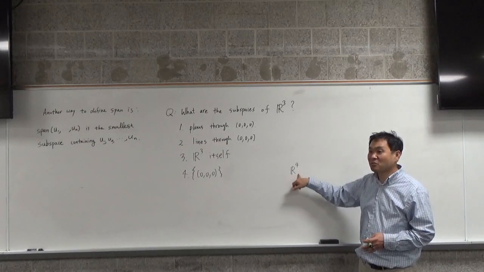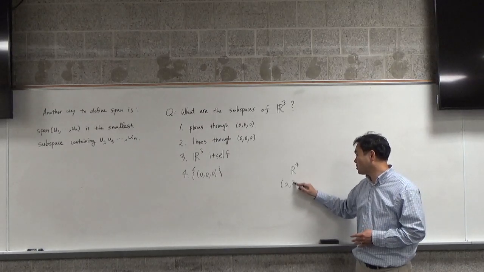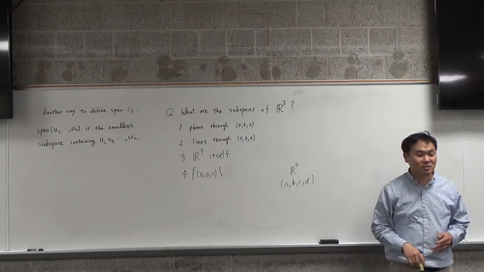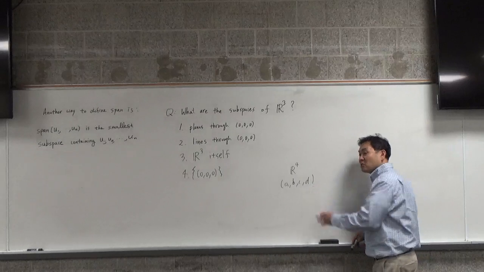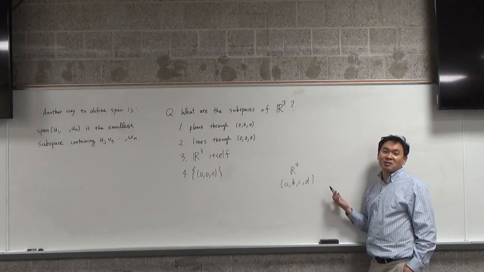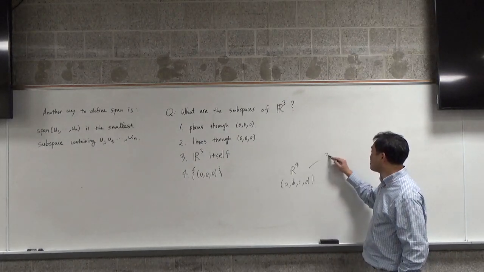Okay? What's a 4th dimension world? It's just 4 numbers. That's dimension 4. Okay? Now, what are the subspaces of this? Well, subspaces of this would be like 3-spaces, 3 planes.